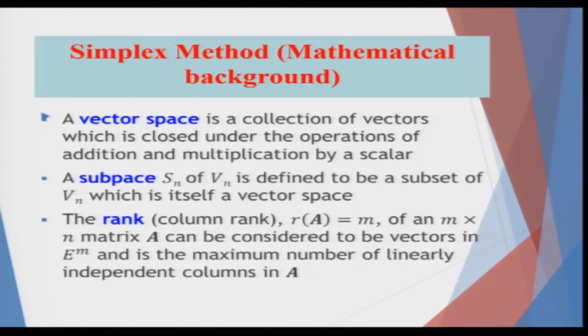If you remember, I drew the diagram, 6 diagrams. In few of them, when joining 2 points they were going outside the region. So, it means that they are closed under the operations of addition and multiplication by a scalar. That means the vectors which we get would be inside the overall space, they would not be going out, in a very simplistic sense which I am trying to say.